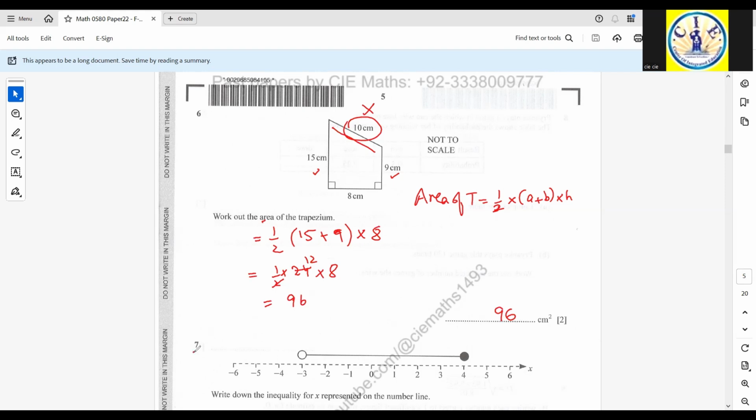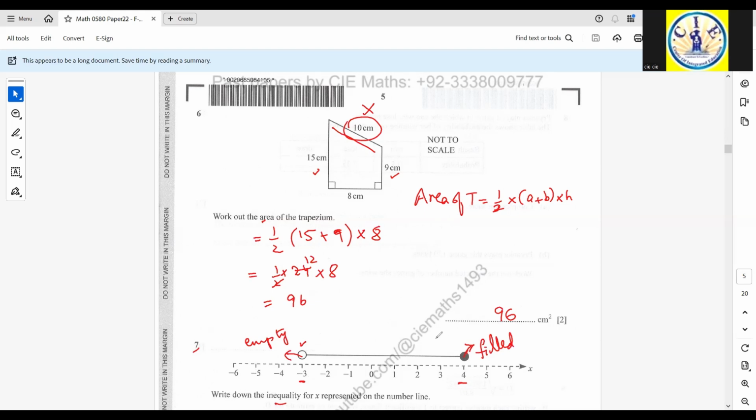Okay, question number 7. Write down the inequality for x represented on the number line. You need to observe that the values of the variable x are varying from -3 till 4. And here there is an empty circle, and here the circle is filled.